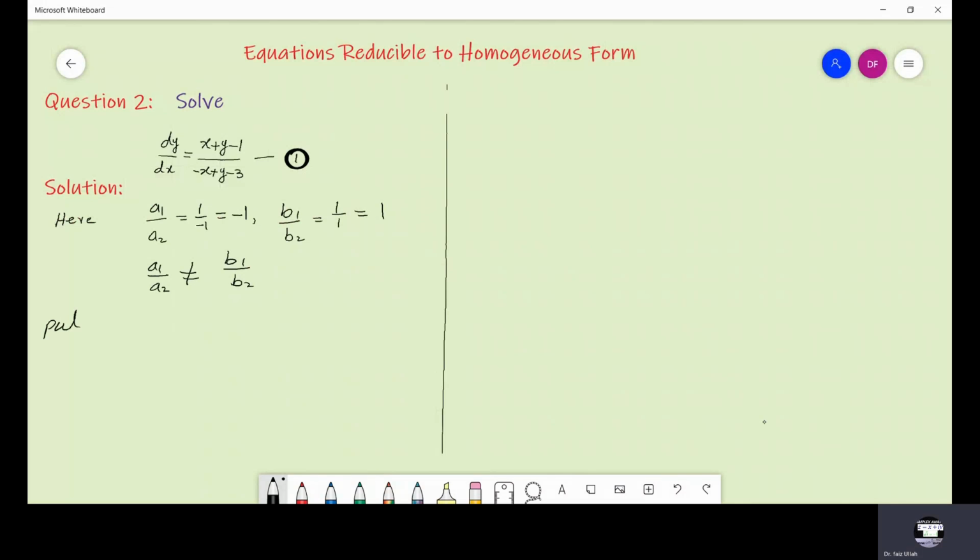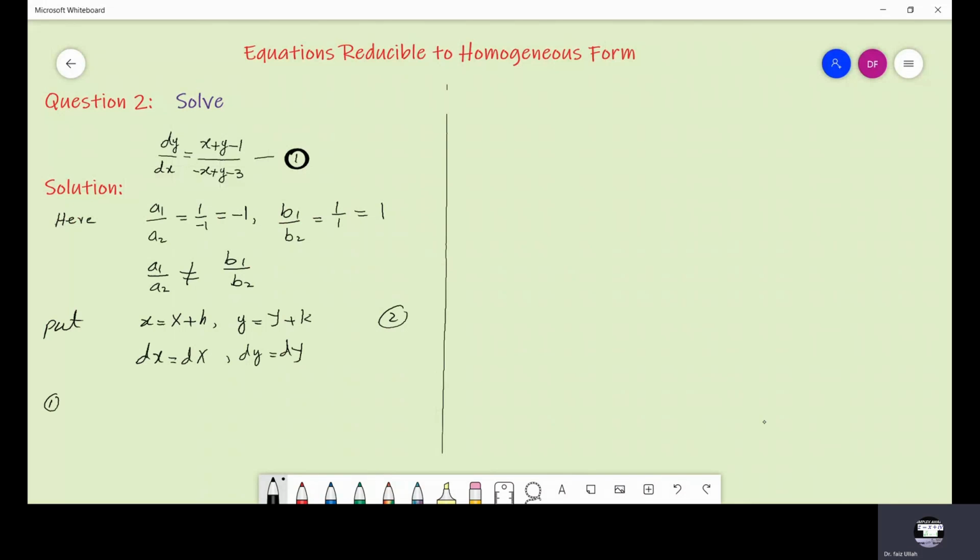Now put small x is equal to capital X plus h and small y is equal to capital Y plus k. And from here we get dx is equal to dX and dy is equal to dY.